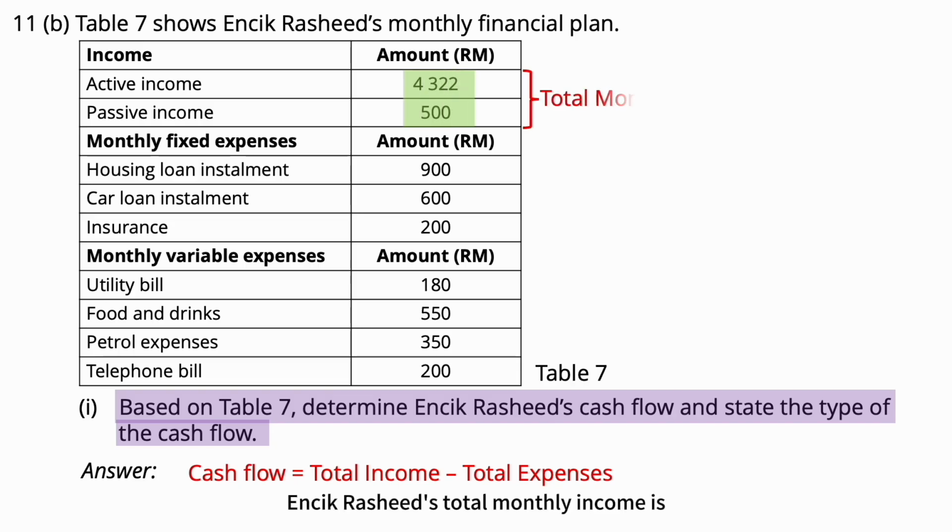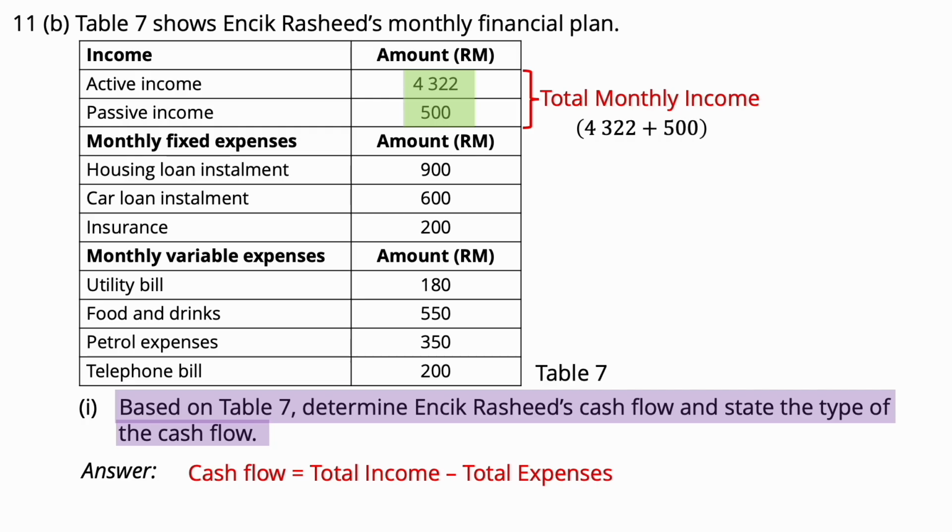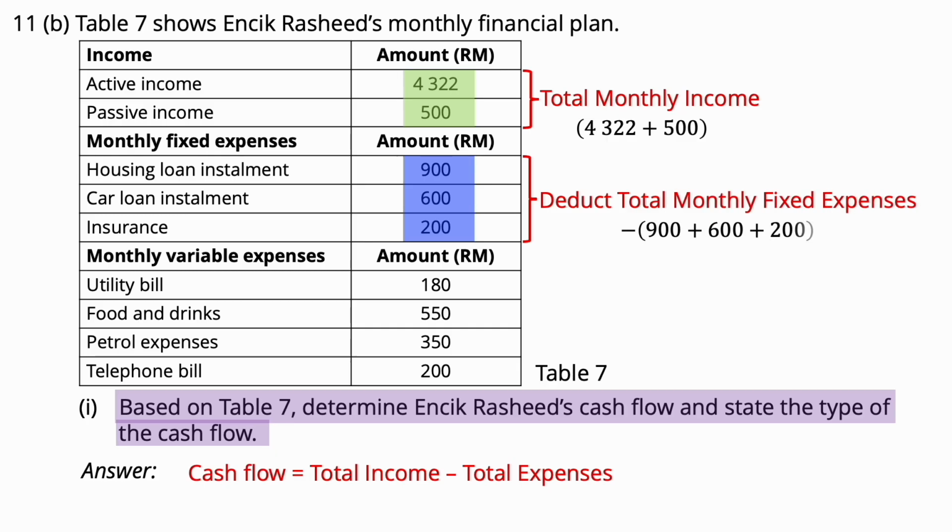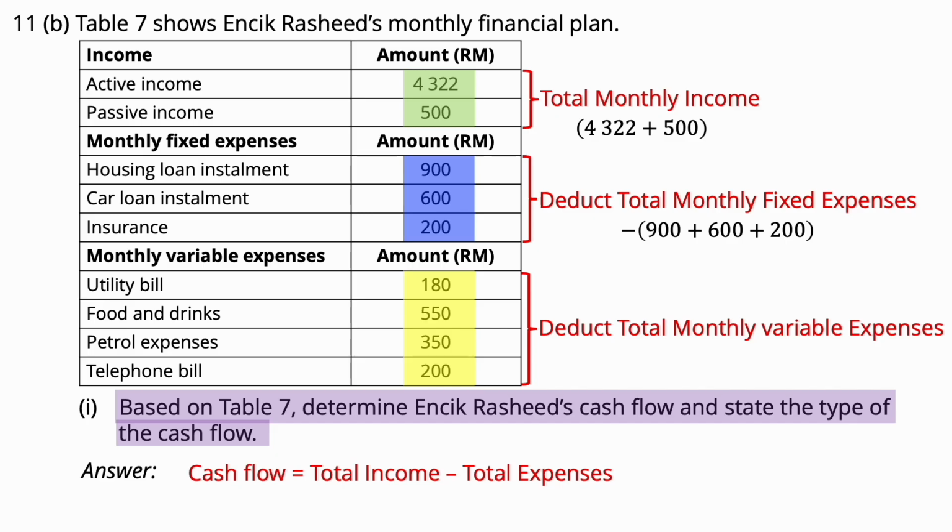Encik Rashid's total monthly income is 4,322 plus 500. From this, deduct the total amount of monthly fixed expenses, 900 plus 600 plus 200, and deduct the total amount of monthly variable expenses, 180 plus 550 plus 350 plus 200.